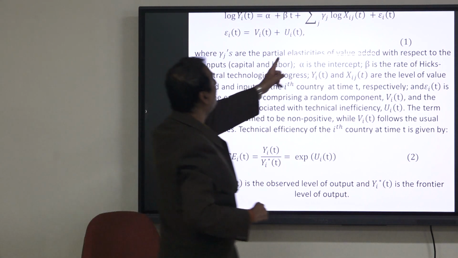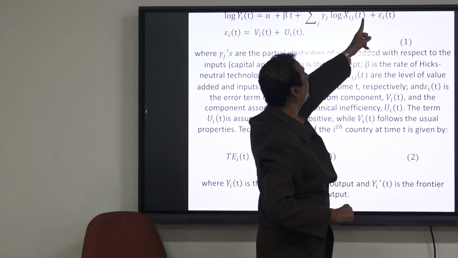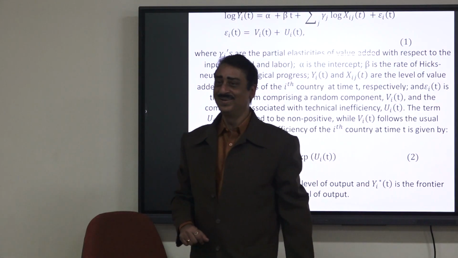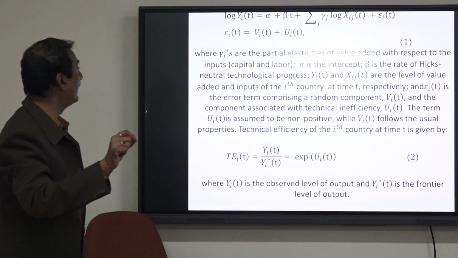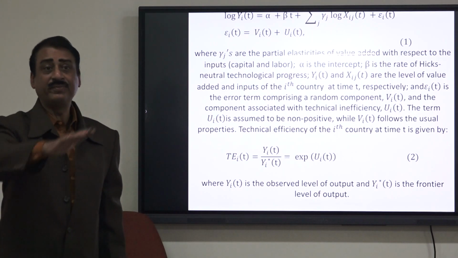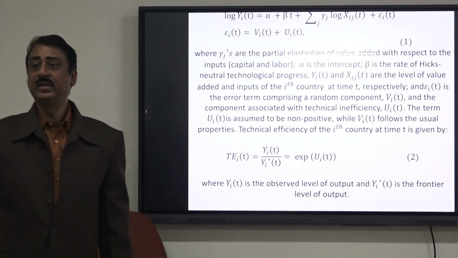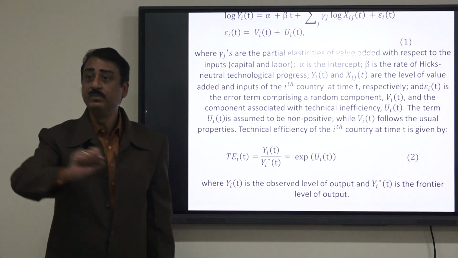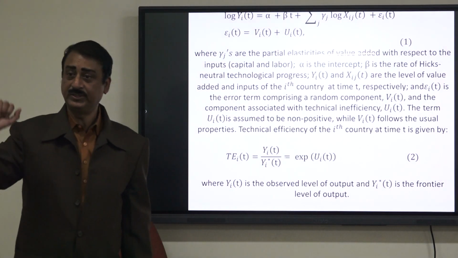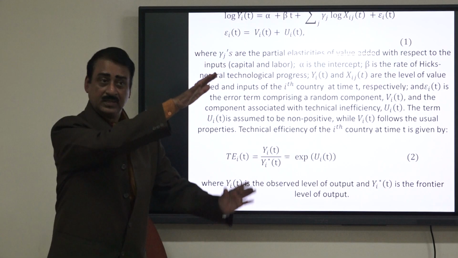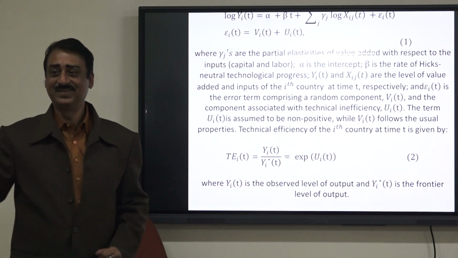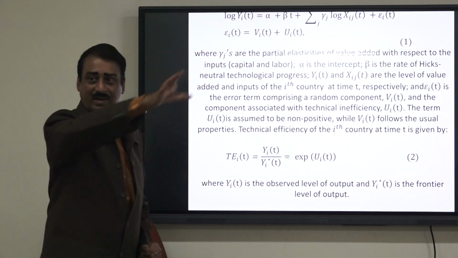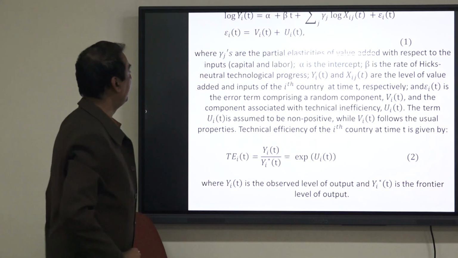That is why you can see 2 subscripts, i, j, and then t is also there. Let us say i is your different firm, j represents different inputs: capital, labor, material, energy. i represents different firms and t represents the time dimension. So for each firm you have intertemporal data.